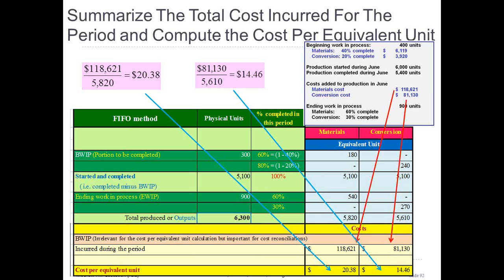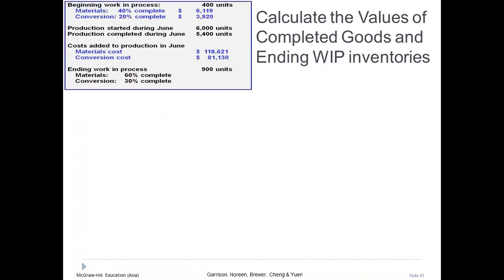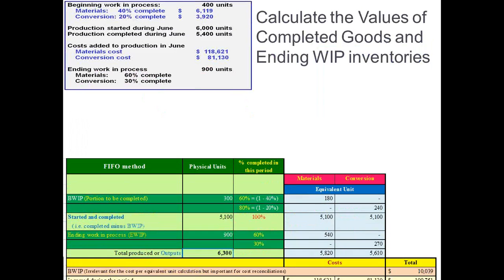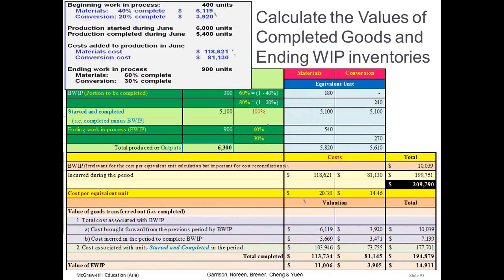Now let's calculate the values of completed goods and ending work in process inventories. Completed goods. In the FIFO method, there are two types of completed goods. One from the completion of beginning work in process, and the other from those started and completed in the period.